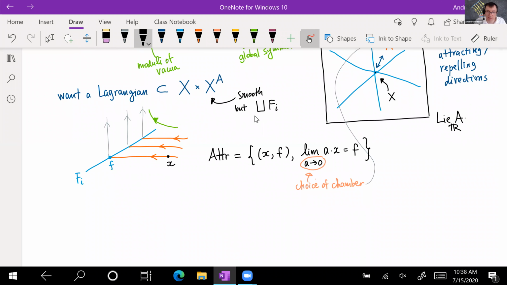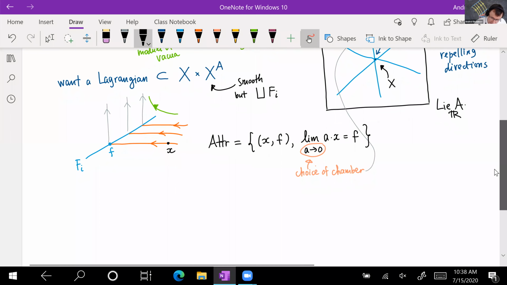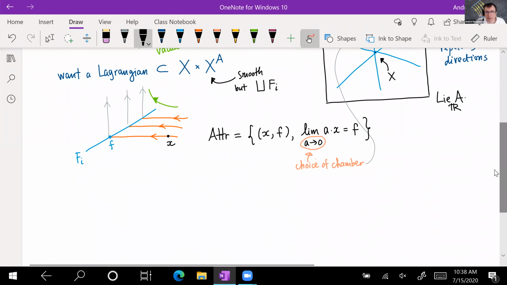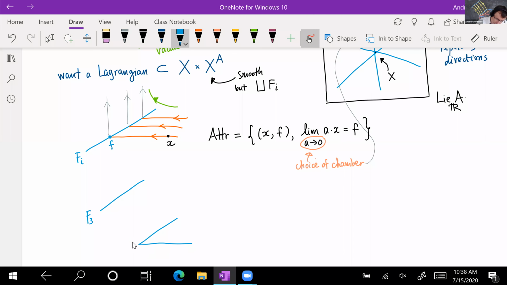So that's what we'd like to have, except now comes the whole point: if X is not a vector space, if X is interesting, then of course the fixed loci will be smooth, but in general there's no need for them to be connected. If I have some global X, I can have one component, call it F3, and another component, call it F2.